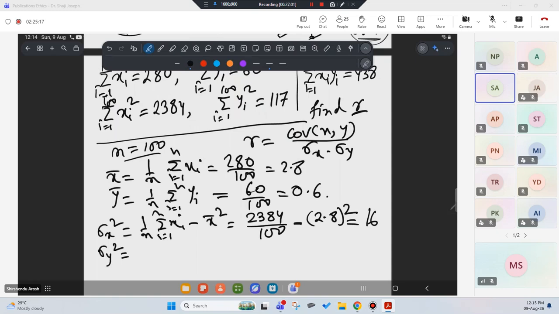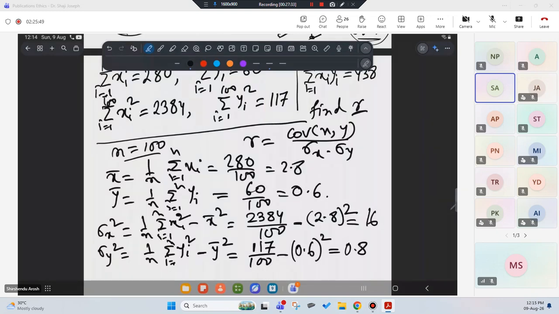Sigma y square, so 1 by n summation i equals 1 to n yi square minus y bar square. Right. So this is also given, yi square 117 by 100 minus 0.6 whole square. So this has become 0.81.